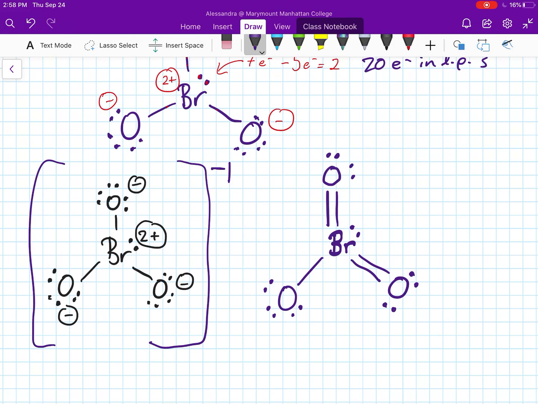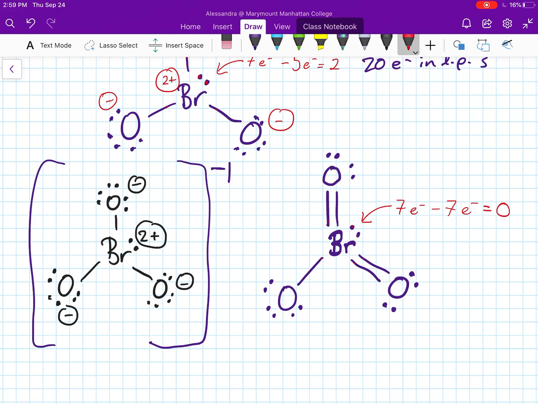All right, so now that I've drawn this molecule, the reason I drew it this way is because I wanted to be able to subtract 7 from the 7 valence electrons that bromine has. 1, 2, 3, 4, 5, 6, 7. So that's why I did this.